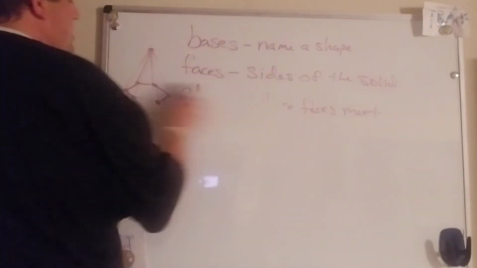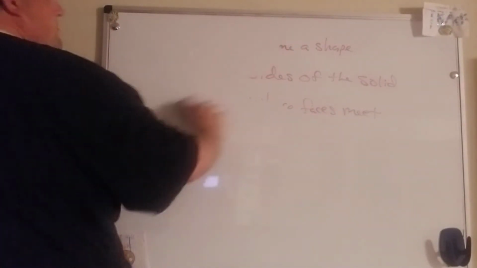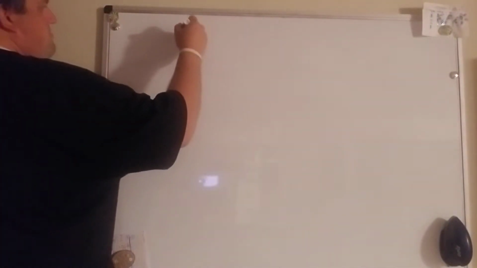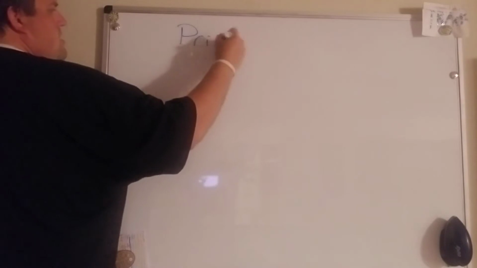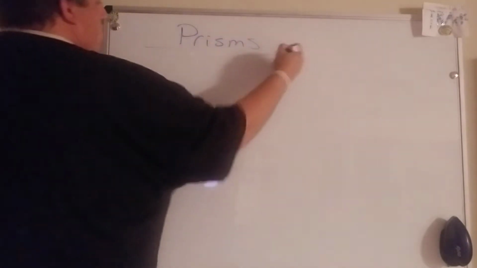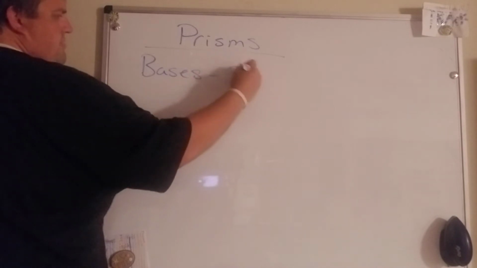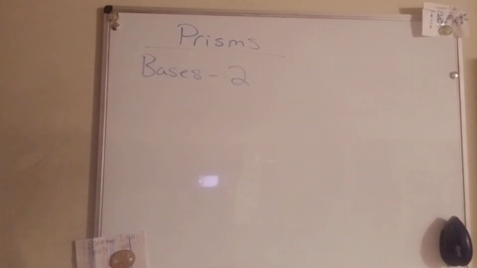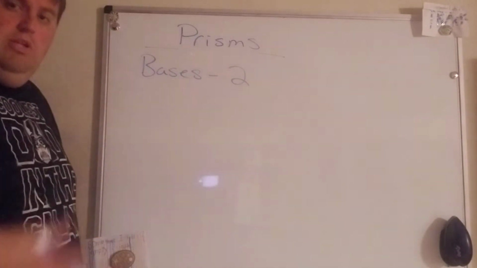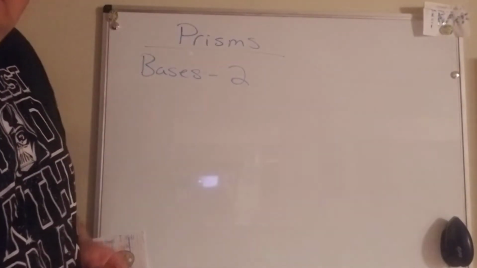Okay? So let's start with prisms first. So prisms. We already said that for bases, they always are going to have two. That is the definition of a prism, right? So always two bases.